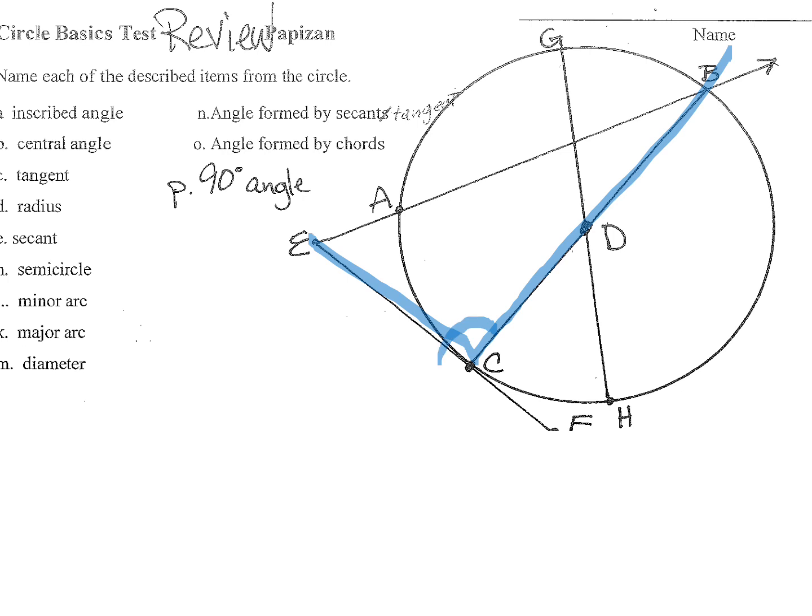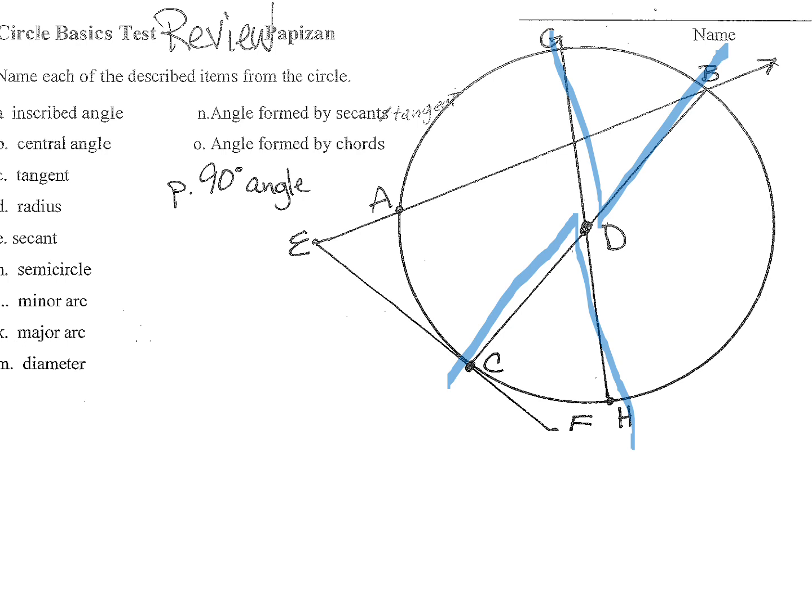So be careful with that little part. Central angles, at the center we said GDC. There are several, CDH, there's one, BDH, GDB, right there.